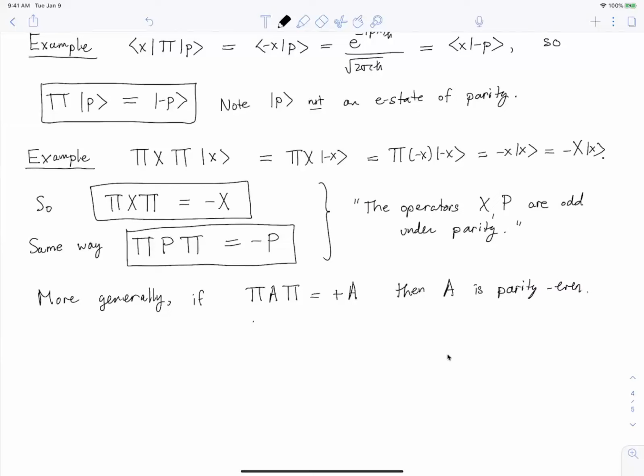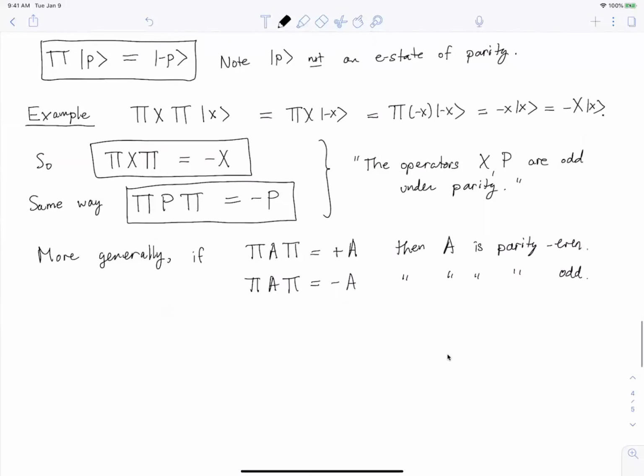And if, as the two examples we just did, it gives back minus the operator, then A is parity odd. And then there are many examples where it's something else, neither of those two. So it doesn't have to be parity even or odd, then A is neither.